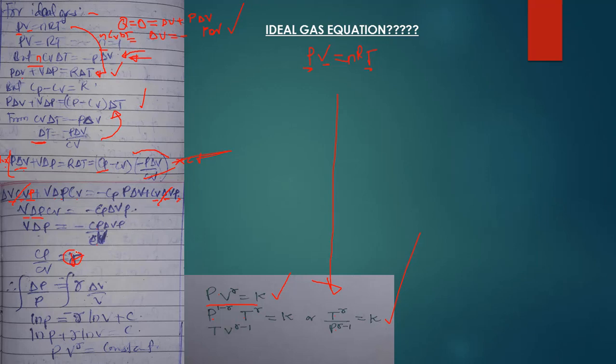So here tutakuwa na V change in P is equal to negative R times change in V P. Collect like terms. Kwa V mpeleke kwake, P mpeleke kwake. So tutakuwa na change in P.